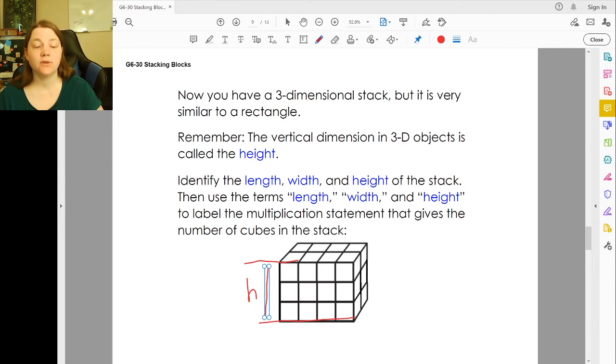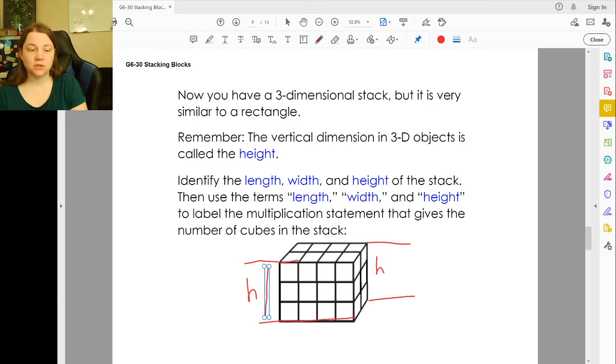Be very careful that you only count height by looking at the front face of the layer. We could also look at the back face of the layer, as long as you're looking from corner to corner. We also have the length and the width.